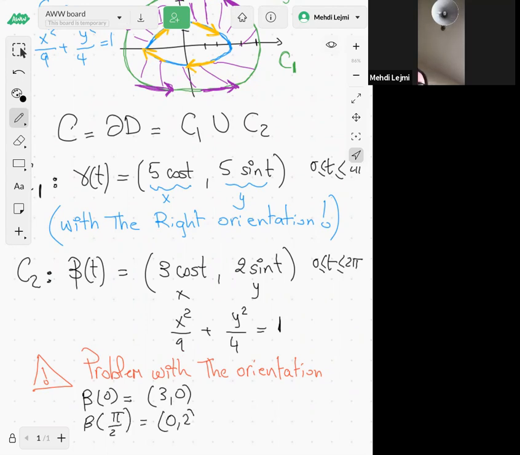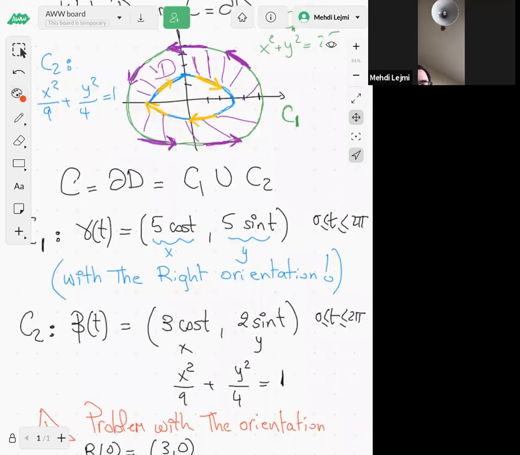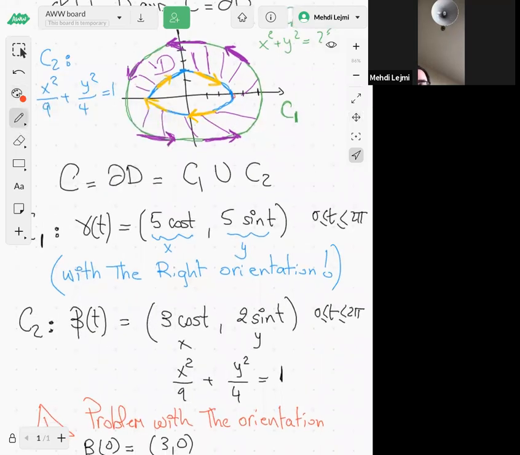So we are moving from (3, 0) to (0, 2), and that gives a counterclockwise rotation.